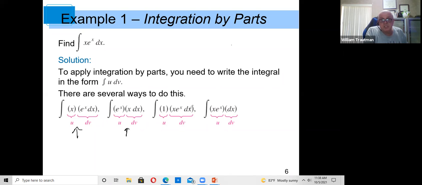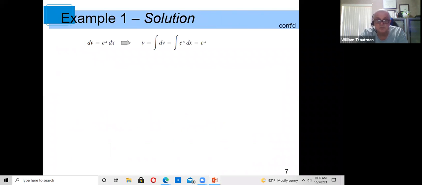This way is a little crazy, and I don't know about doing it this way, or even this way. I would think one of these two would be the easiest way to do it. And you should get the same answer, even if you did it this way.